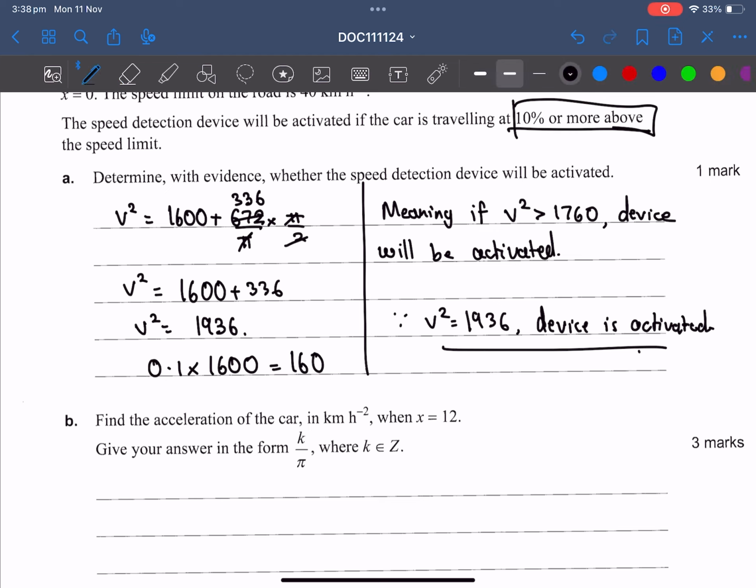The maximum of v squared is here at 10% or more, so it's greater than or equal to. So since our v squared is higher than that, the speed device is going to be activated. That's the logic. Hopefully that made sense.